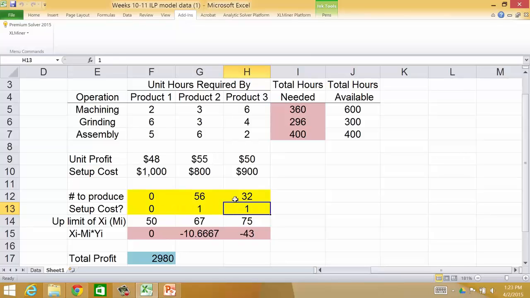If you look at product 1, it is not suggested to be produced, 0 units, and the setup cost did not happen. If you look at the given data, it makes sense. The unit profit of product 1 is 48, less than the other two, and the setup cost of $1,000 is more than the other two products.